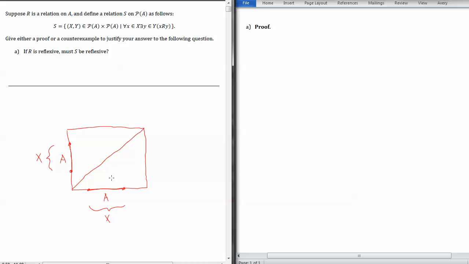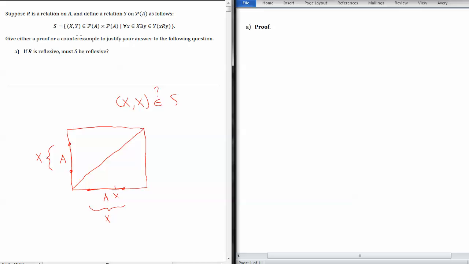And then we're supposed to look at the ordered pair (X, X), and we want to know for all x in the first copy of X, does there exist some y in capital Y, but that's just X for us again, because we're trying to figure out whether (X, X) is in S, right?